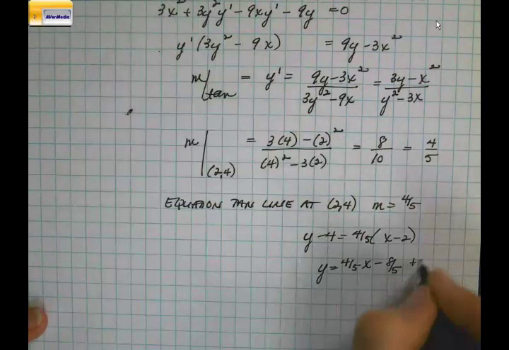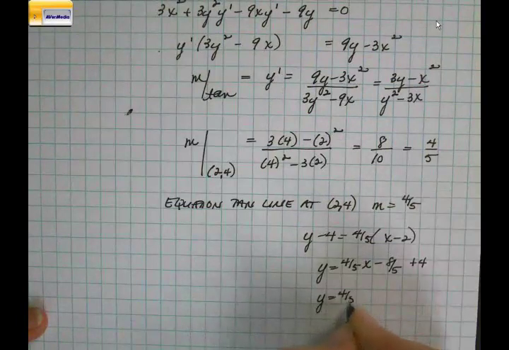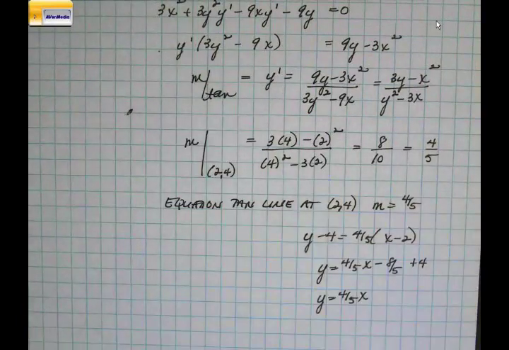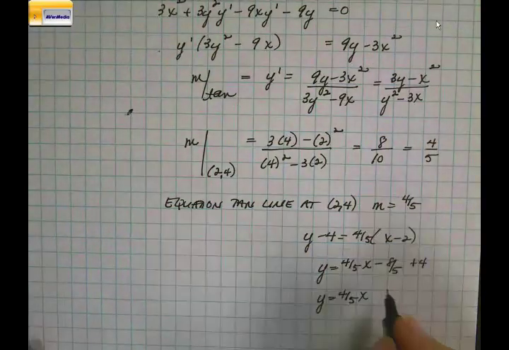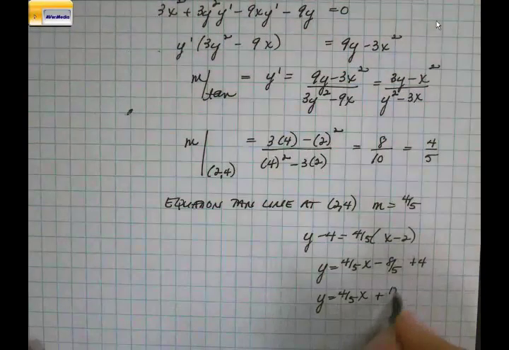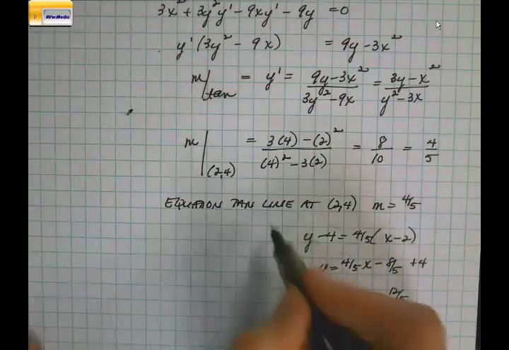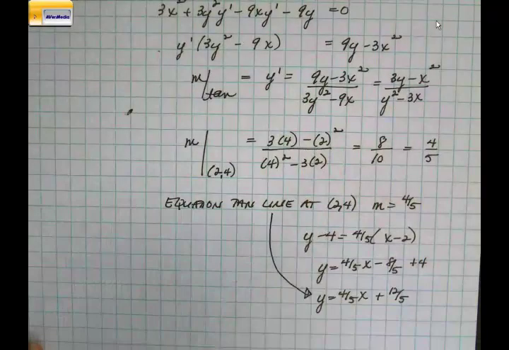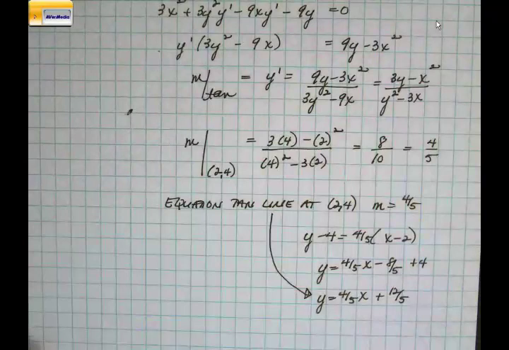Pull the 4 over. So it is 4/5 x plus 12/5. Okay, there's one of the answers.